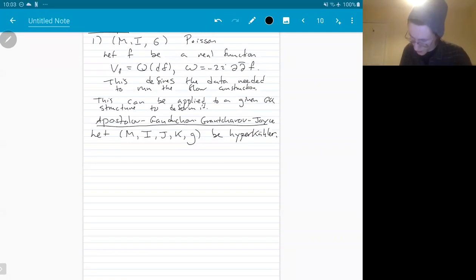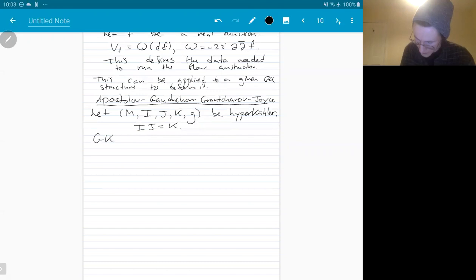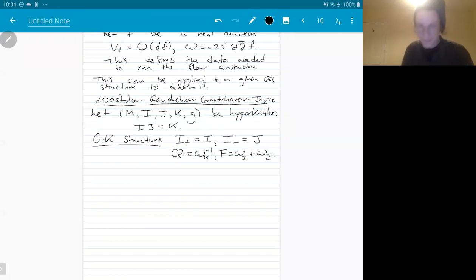So we have a triple of Kähler structures I, J, K, with IJ equal to K. This gives a generalized Kähler structure, where we take I plus to be I, and I minus to be J, Q to be omega K inverse, and F to be omega I plus omega J. So this is a generalized Kähler structure of symplectic type.